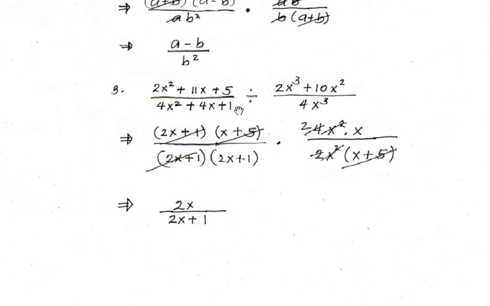And factoring the denominator, here we have 2x plus 1 times quantity 2x plus 1. This is a perfect square trinomial. So we have to copy twice here. And in this case, we can cancel 2x plus 1 in the numerator and denominator.